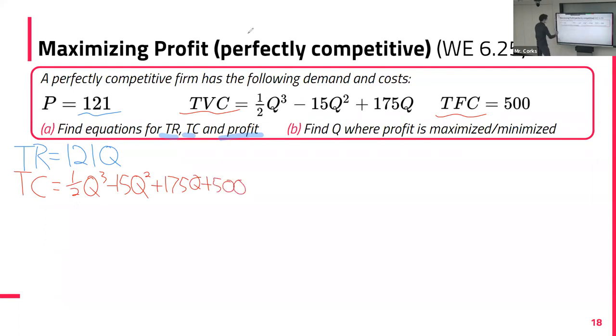And then for profits, we just take our total revenue, 121Q, and subtract our total cost. While I'm writing this out, you can try to simplify this and tell me what our next line will be.